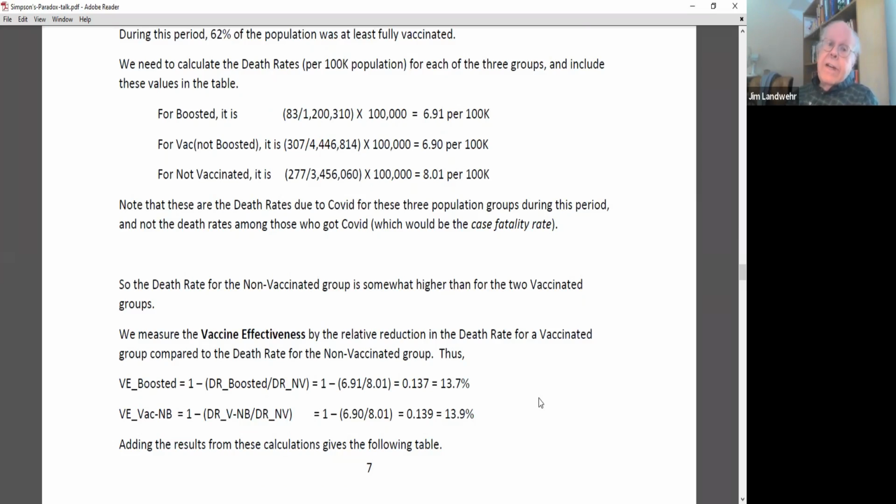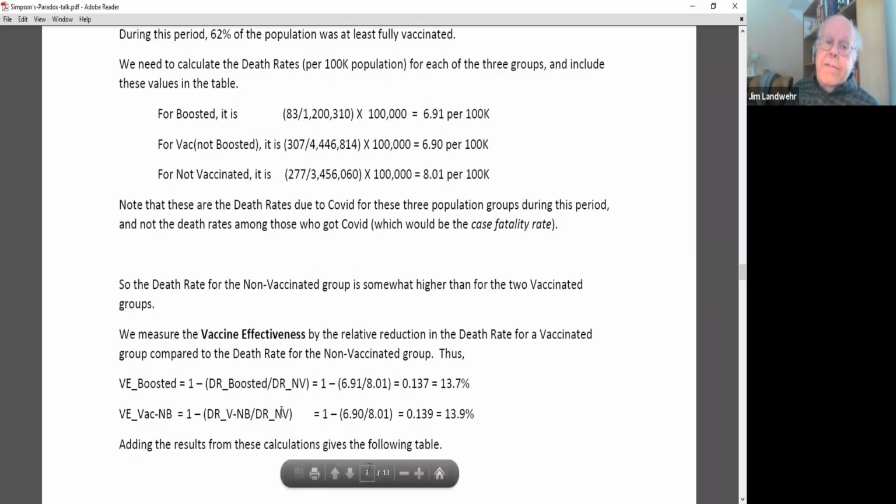We could have had different outcomes: hospitalization, serious disease, symptomatic disease, all sorts of different outcome variables. But in this example, death rate is clearly an important outcome variable, and that's the only one that's considered in this talk today.